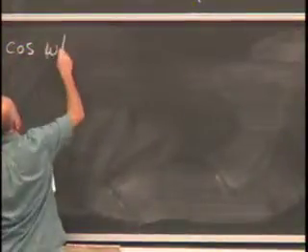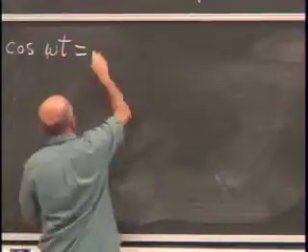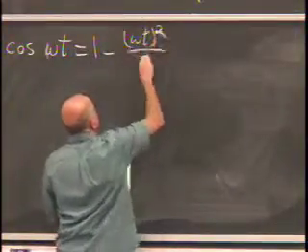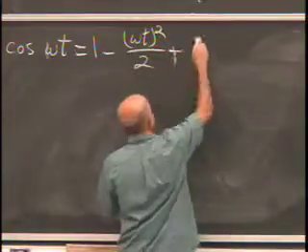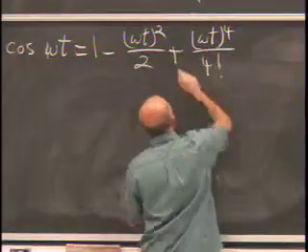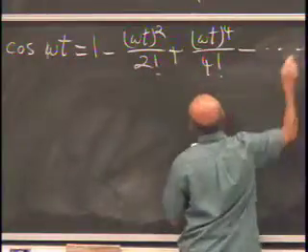Now, because we're running out of time, I'm going to help you with a couple of expansions that you have no reason to memorize. Cosine omega t, which is 1 minus omega t squared over 2 plus omega t to the 4th over 4 factorial minus so on.